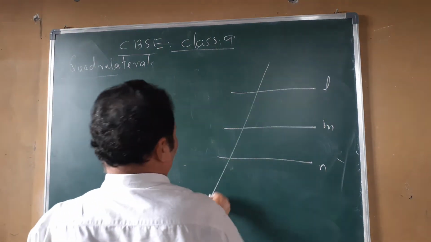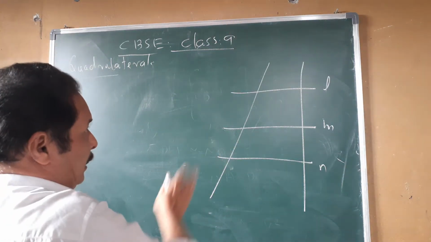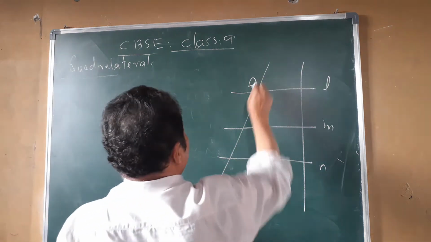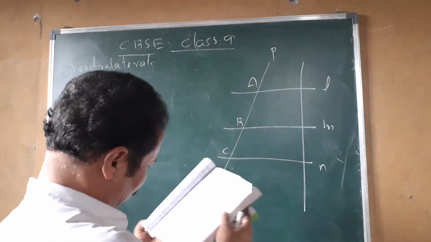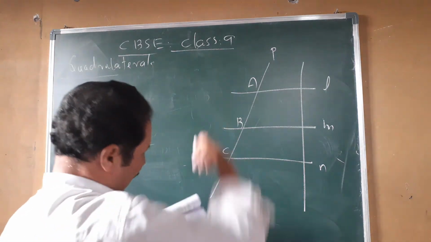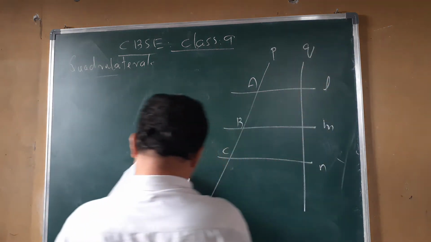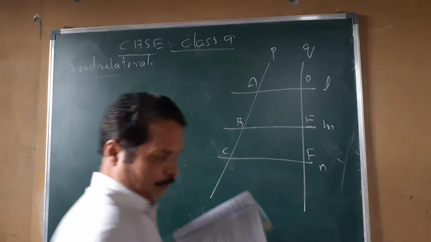And there are two other lines that are transversals, cutting the parallel lines. It intersects at A, B, C. The name of this is P. P is a line, that's a transversal. Similarly, Q is another transversal that intersects at D, E and F.